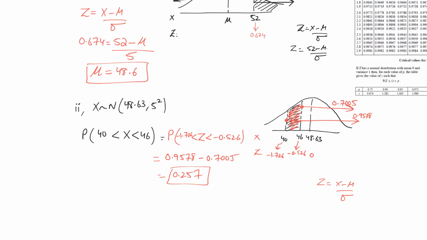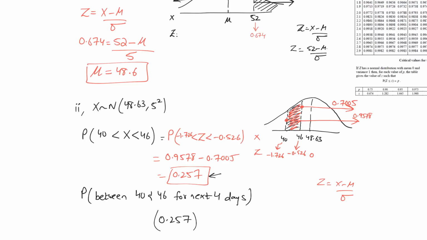But the question is saying find the probability that his lunch break lasts between 40 and 46 minutes for the next 4 days. So for that, you know that the probability that his lunch break lasts between 40 and 46 on any particular day is 0.257.